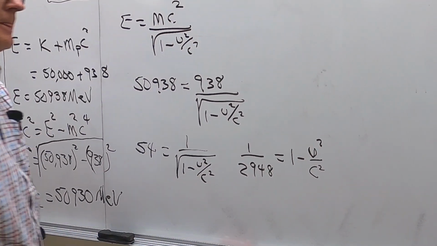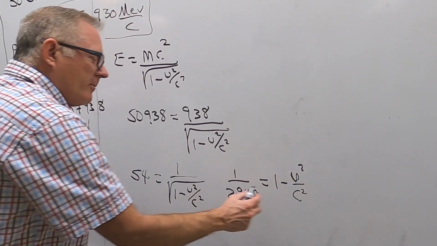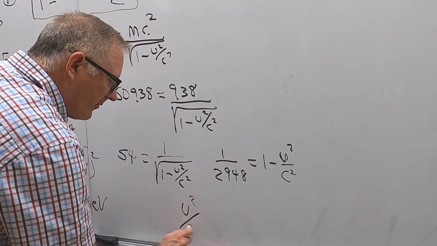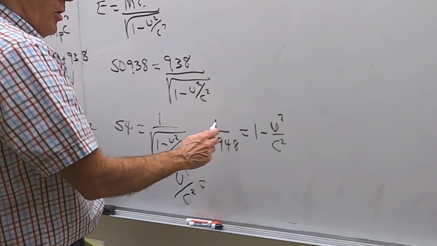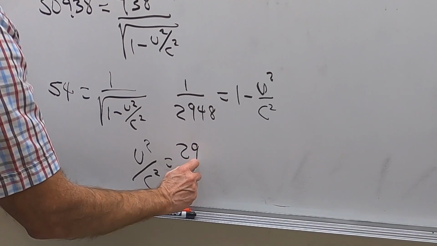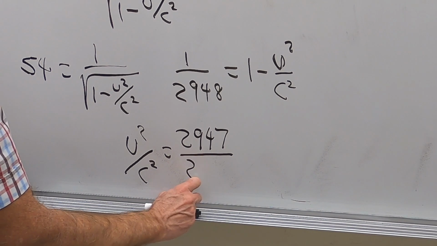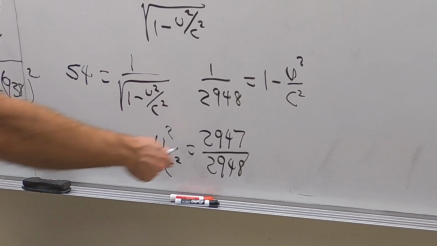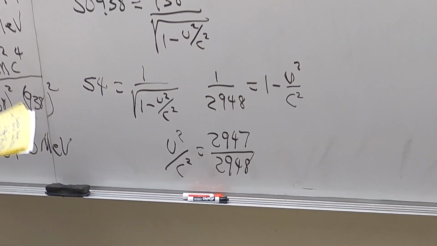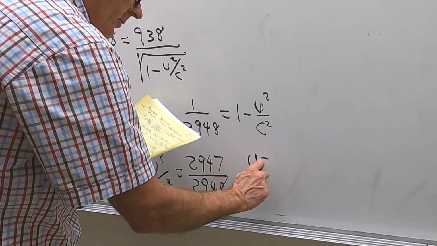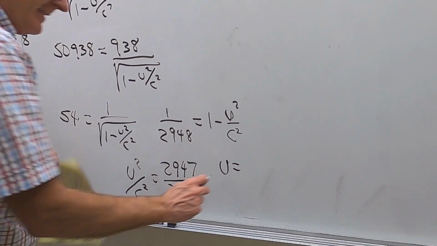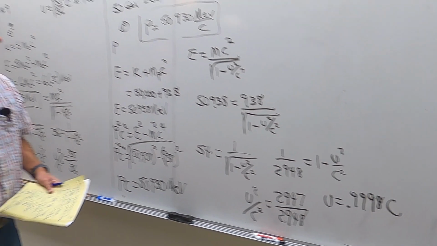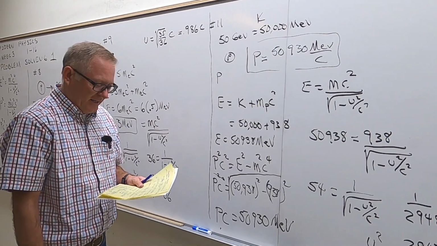We bring this term over, so u squared over c squared is equal to 1 minus this, which is 2,947 over 2,948, very close to 1. Then move the c over and take the square root. In that case, u is pretty fast: u is equal to 0.9998c. Pretty close to the speed of light, but I guess it'd have to be to get you up to 50 GeV for a proton.